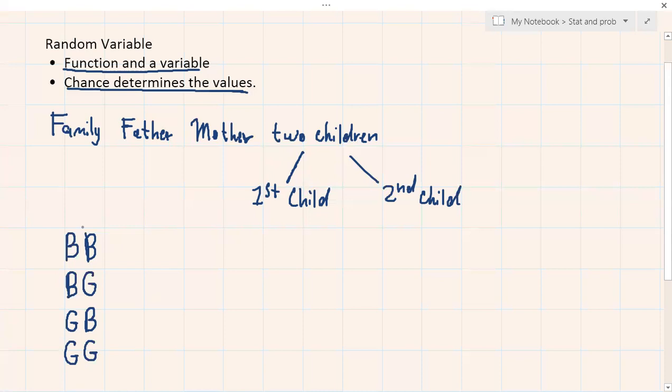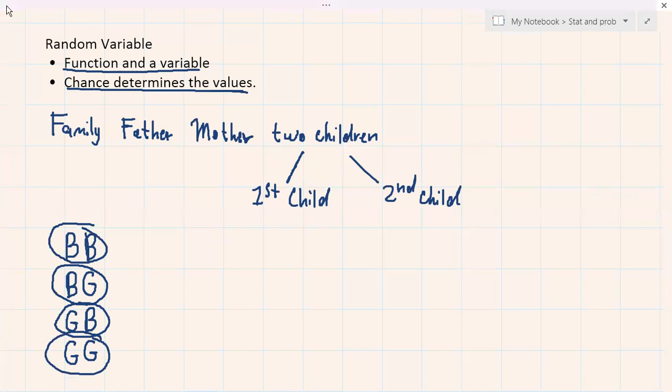And I think these are the only possible outcomes na mangyayari. So, it's either yung first child niya ay lalaki, then second child niya ay lalaki din. Then, second element, pwede mauna yung lalaki, then sunod ay babae as a second child. The next third outcome, pwede mauna yung babae kaysa ang lalaki. Then last outcome, whether it's first or second, both of them are girls.